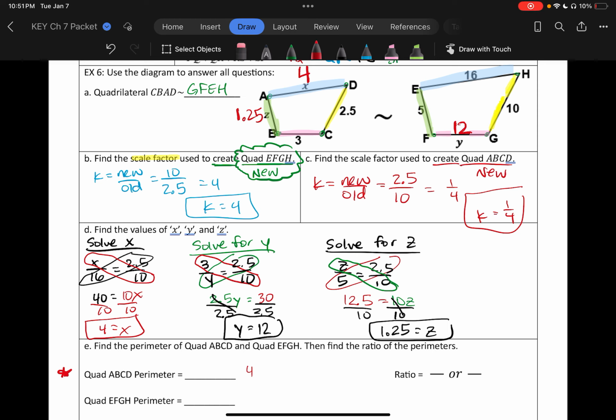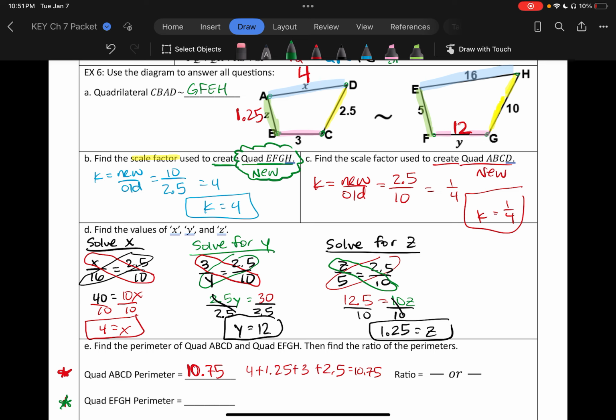So this would be 4 plus 1.25 plus 3 plus 2.5. If we add those up, that gives us a perimeter of 10.75. So my perimeter of quadrilateral ABCD is 10.75.